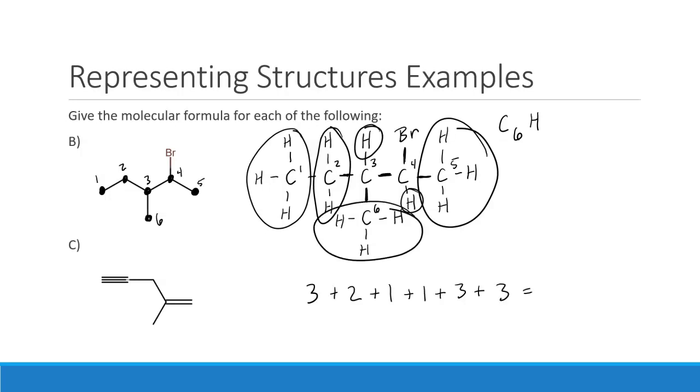And that should give us a total of 13. And then last, we want to add that bromine on the end. Okay, giving us a final molecular formula of C6H13Br. Okay, in the next video, we will pick up with more examples.